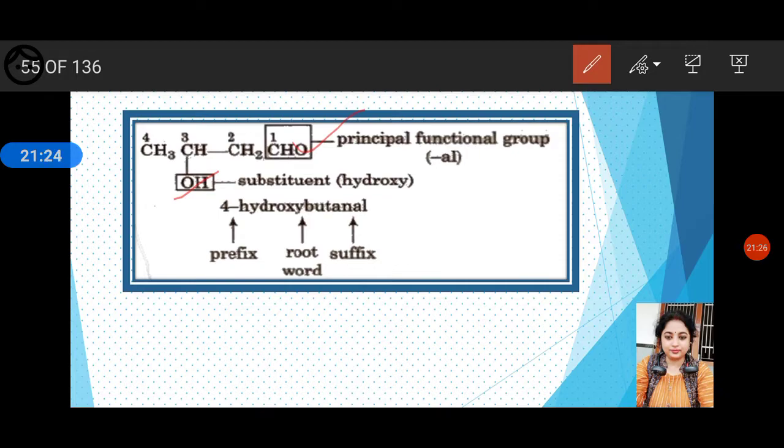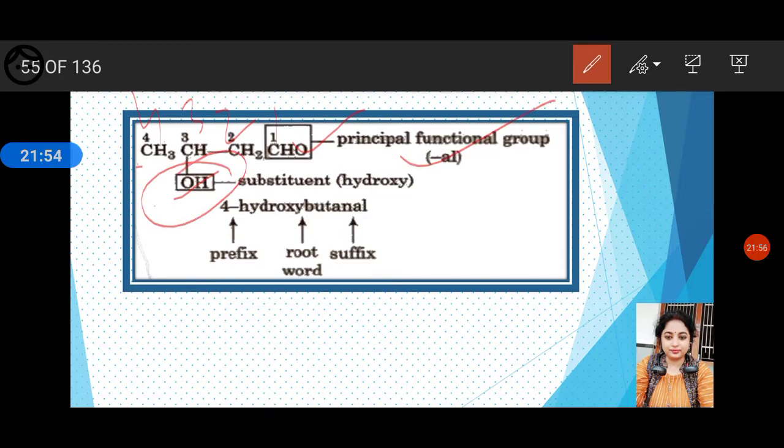First we have to find the longest chain, and whichever is your principal functional group should get the lesser number. So we will start counting from this side. We cannot start from this carbon. First thing, you have to find this out. So numbering is done, and the principal functional group is known.